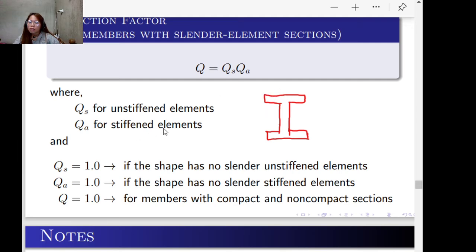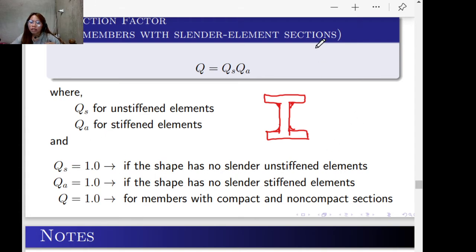And stiffened elements is basically the web; it has stiffeners, or fillet there. So meaning this web here is stiffened, while the flange is unstiffened. So what is reinforced or stiffened here is the web.